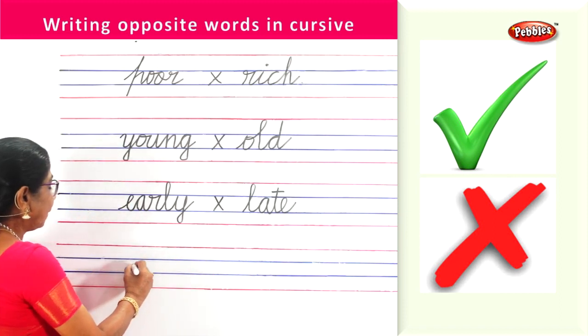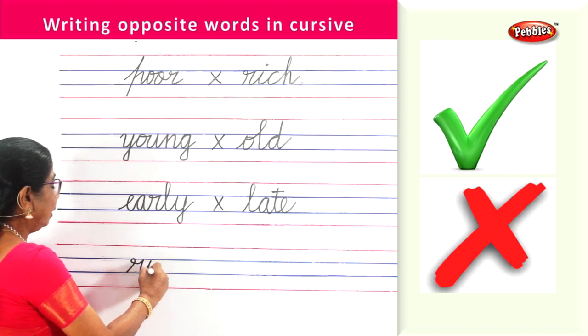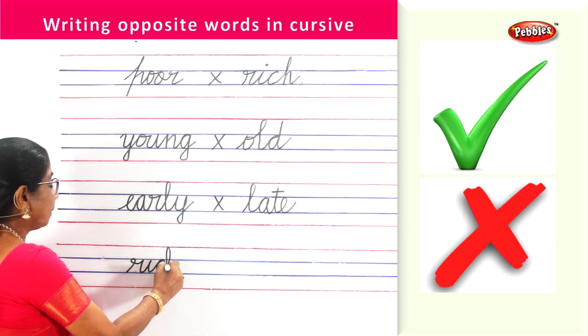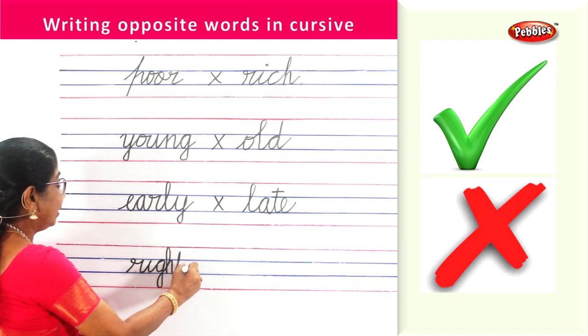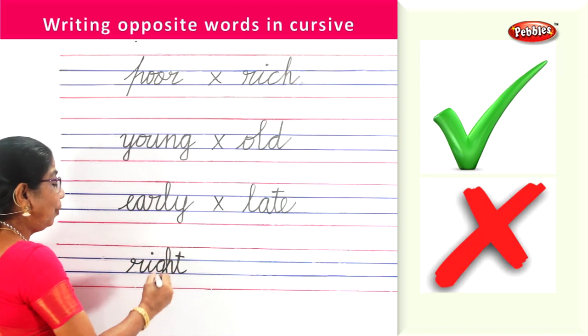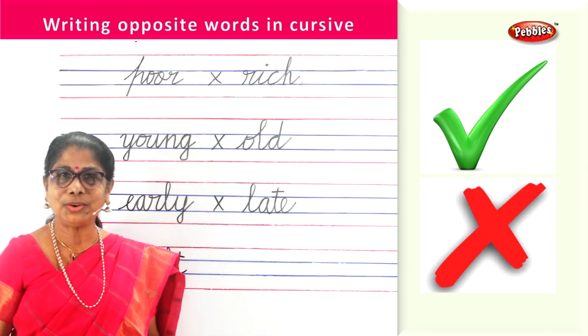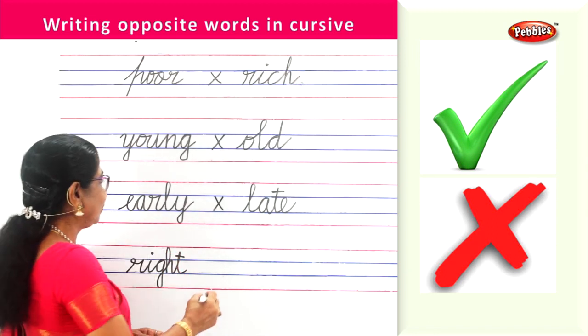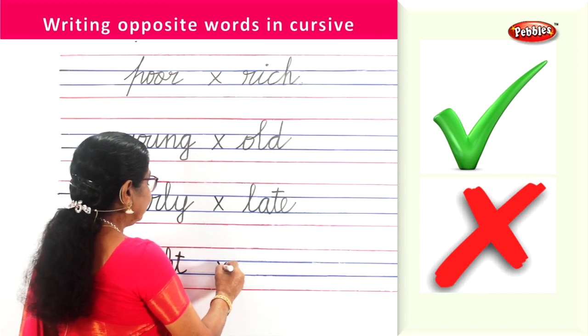Let's write. R, I, G, H, T. Right. Teacher says, oh, all your questions, all your sums are right. Wrong.